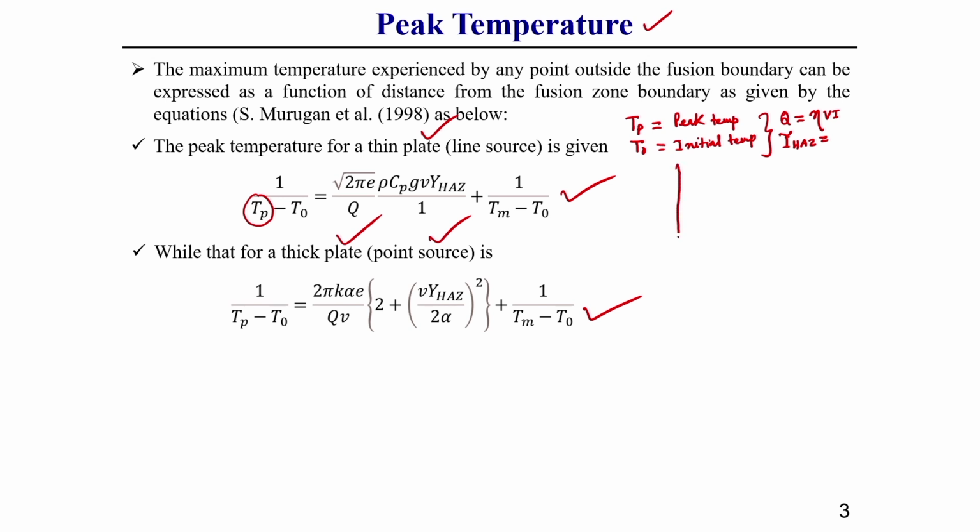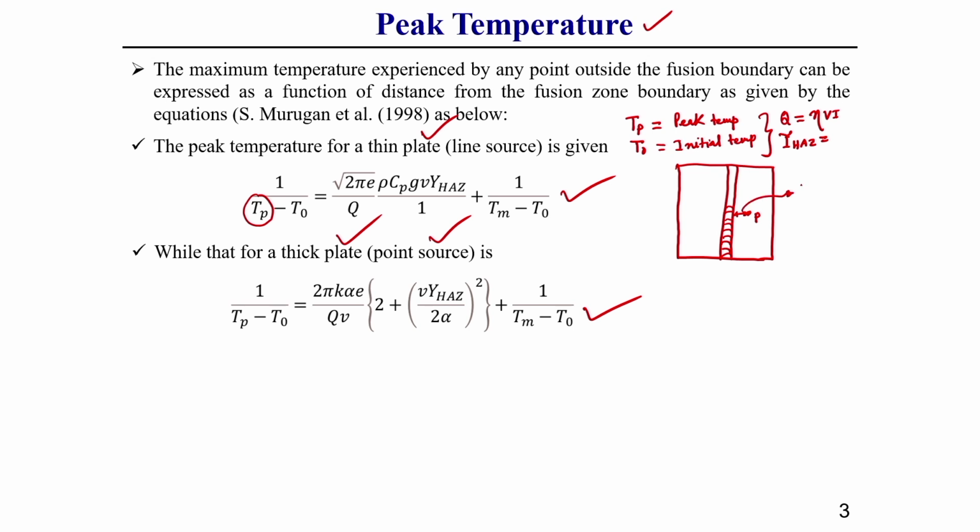What does it mean? Let us consider this is a welded specimen, and this is the fusion zone. For a particular distance from this fusion zone boundary, consider a particular point P. At this point P we want to find the peak temperature attained during its whole welding operation.